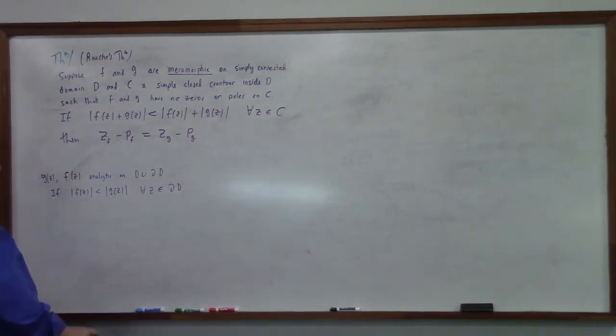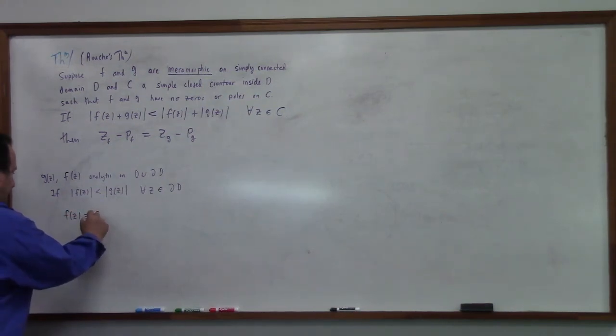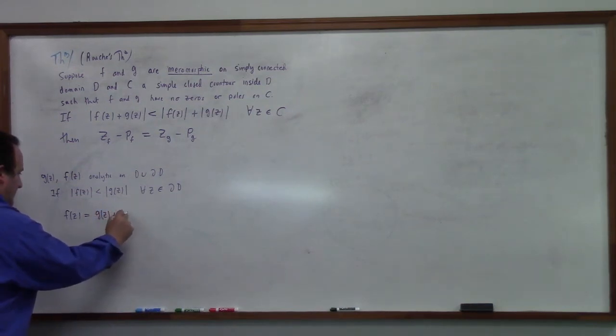Oh, wait a minute. I was thinking F of Z was equal to what? Was it equal to G of Z plus H of Z, is that right? Or the other way around?